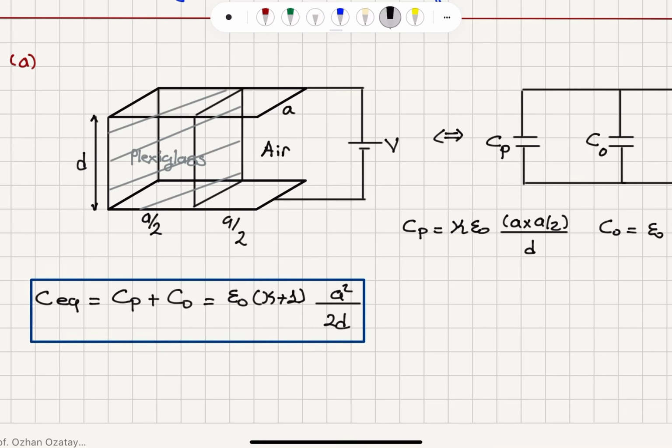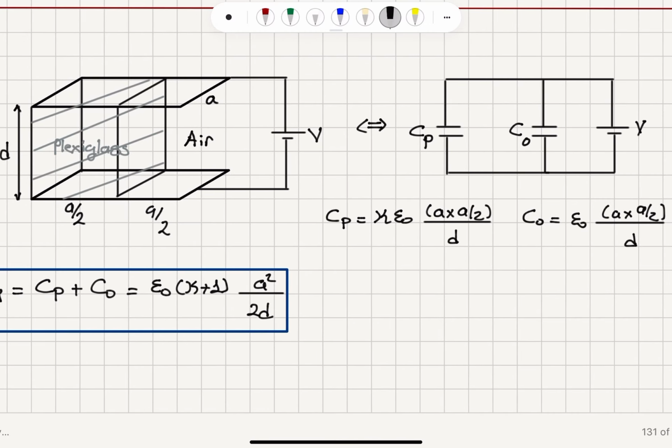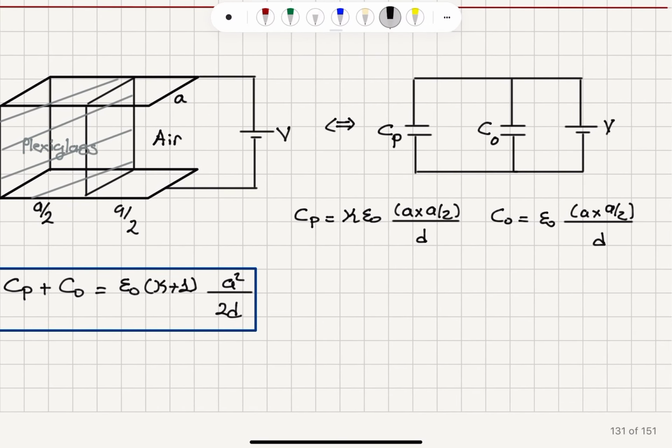If we calculate this capacitance, let's do that. We have epsilon 0, which is 8.854 times 10 to minus 12, and then we have kappa plus 1, so 3.4 plus 1, times A squared divided by 2D.